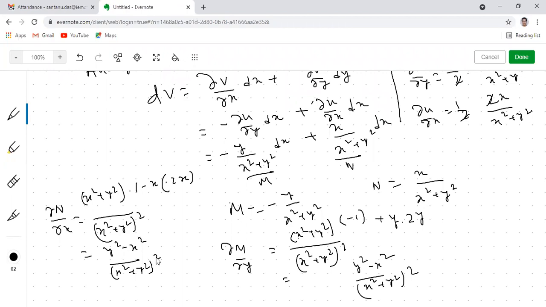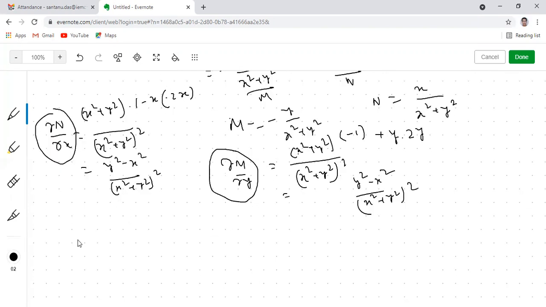If f(z) is given as an analytic function, then for any given u, since u is harmonic, this type of differential equation will always be exact. So here del N del x is the same as del M del y. That's why this differential equation is exact.